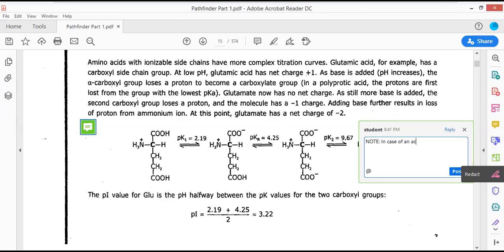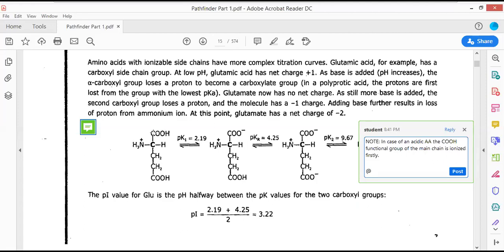In case of an acidic amino acid, the carboxylic functional group of the main chain is ionized firstly. Okay. Now, why has it been ionized firstly? Because this is a carboxylic group. Carboxylic group means it is acidic. Arre bhai, carboxylic group ka matlab kya? Acidic. So carboxylic group means acidic, and that is why this is being ionized firstly.